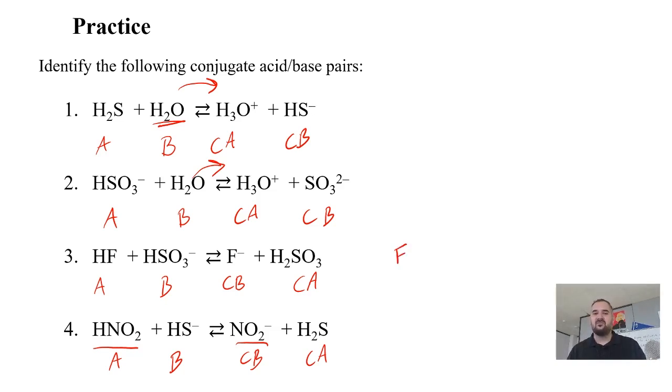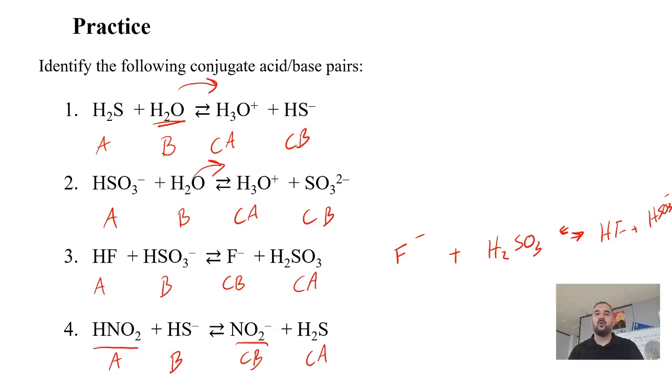So let's flip this reaction. So F minus plus H2SO3 is going to yield HF plus HSO3 minus.